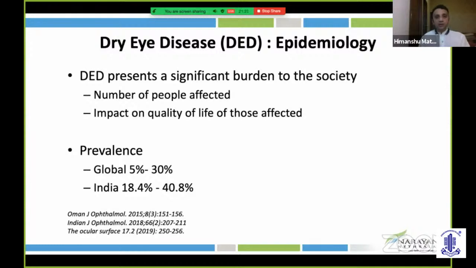If you put it together, it's an alarming amount which we are sitting on in our country, especially with regards to dry eye. So whatever we do, we have to keep in mind the clinical implication, and whether it is possible to implement in a large country like ours.